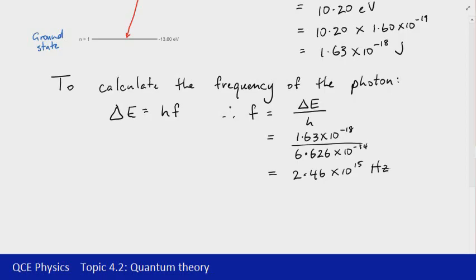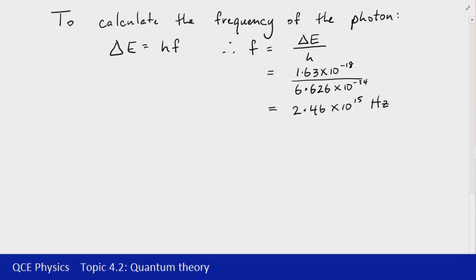Now, usually when we're dealing with photons, it's the wavelength that we're a little bit more interested in, and so to calculate the wavelength, we can use the wave equation.